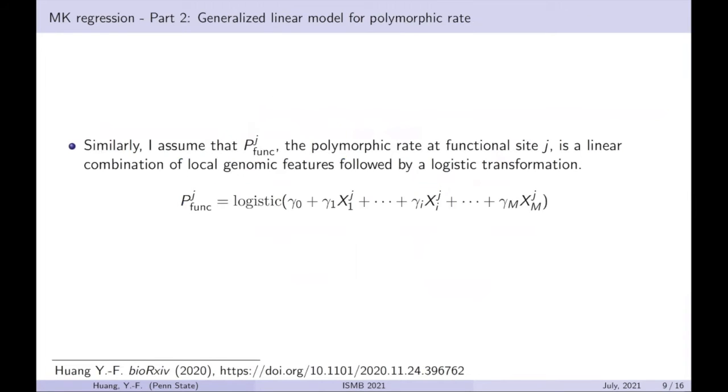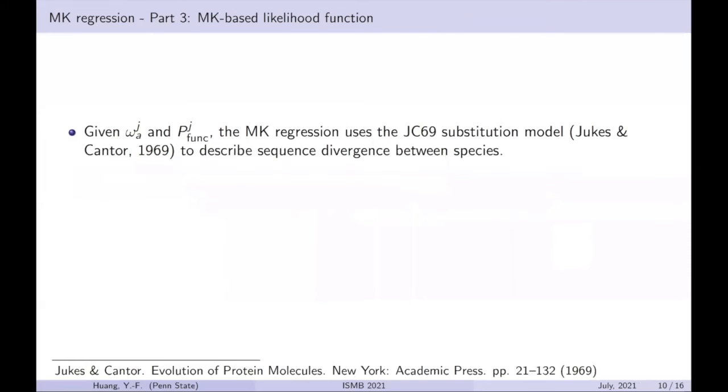In the second part, we have a similar GRM for polymorphic rate at functional sites. We are not really interested in the functional relationship between genomic features and the polymorphic rate, but we have to model the relationship so that we can control for the effect of genomic features on negative selection. Okay, then we can send omega A and P func from the GRM to a likelihood function.